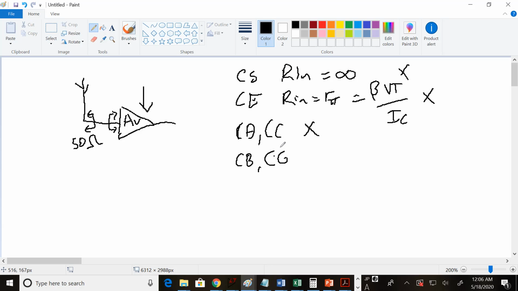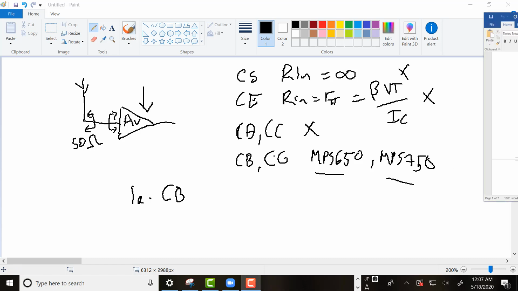And I already told you that you want to use BJTs just because the model I gave you was MPS 650 and MPS 750. So these are BJT models, and so you're not going to use a MOSFET. So what's left for 1A is it has to be a common base.